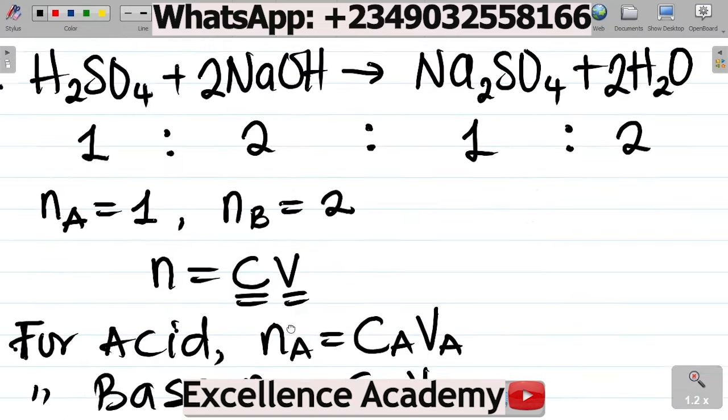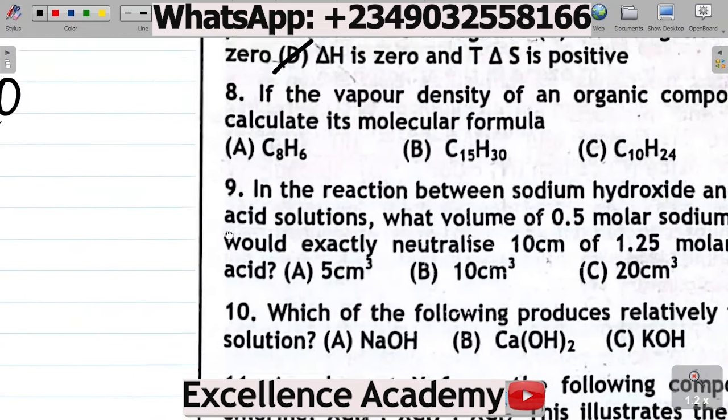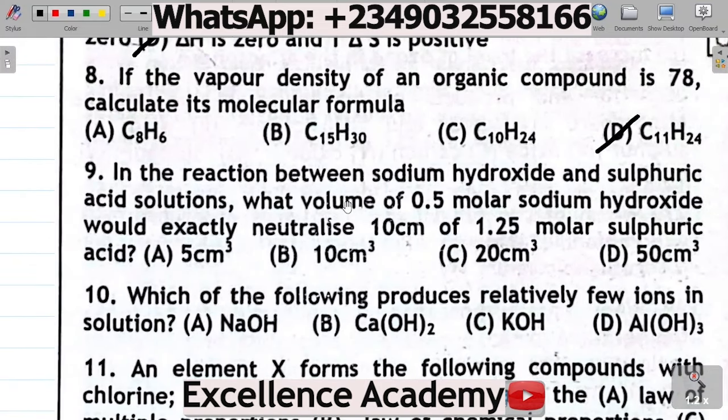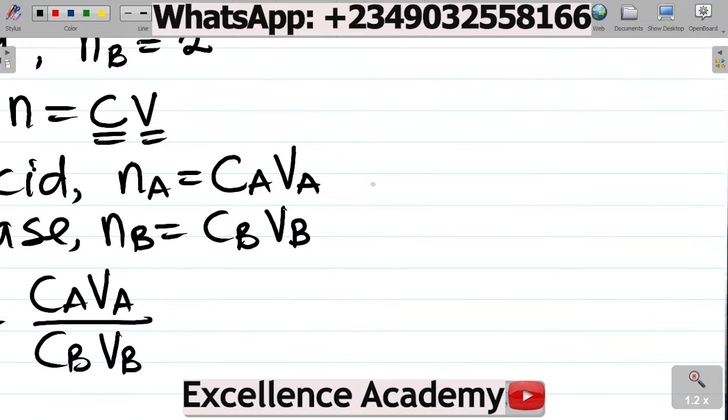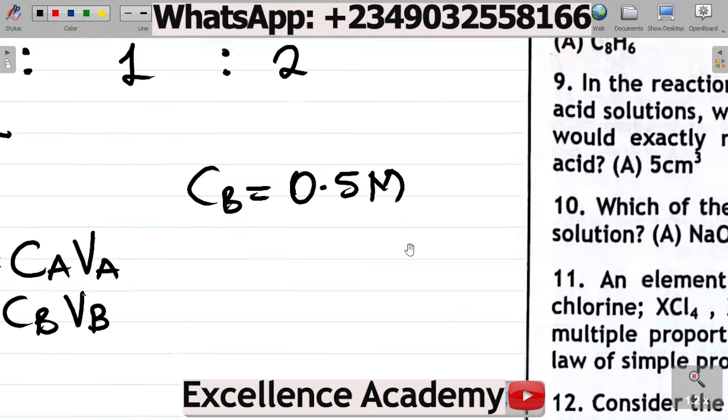In the question again, let's pick out values. They said, what volume of 0.5 molar sodium hydroxide? So 0.5 molar simply represents the concentration of sodium hydroxide, which is the base. So Cb is equal to 0.5. What else do we have here?